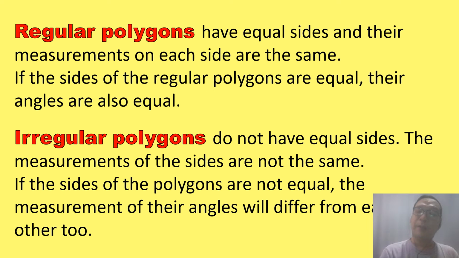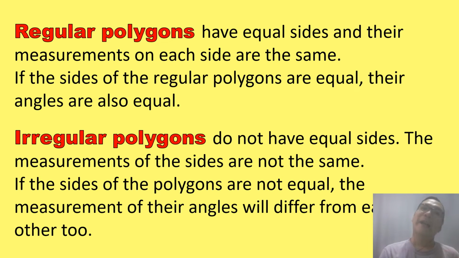So if the sides of the polygons are not equal, then the measurements of their angles are different from each other too. So remember, in a regular polygon, all the sides and all the angles have the same measurement. If one side is 3 centimeters, then the other sides are also 3 centimeters. On the other hand, an irregular polygon does not have equal sides.